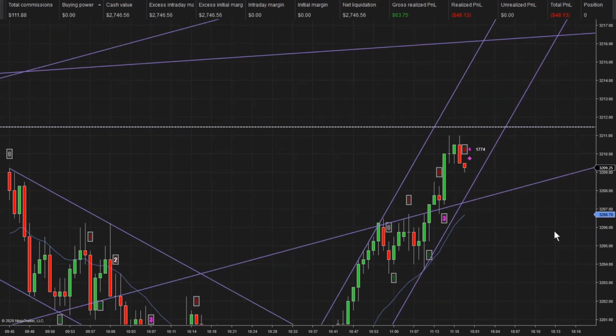Another potential trap here actually, but I'm not interested in this one. Too close to resistance. I actually missed the high by 2 ticks.